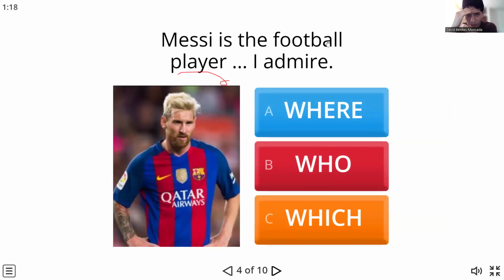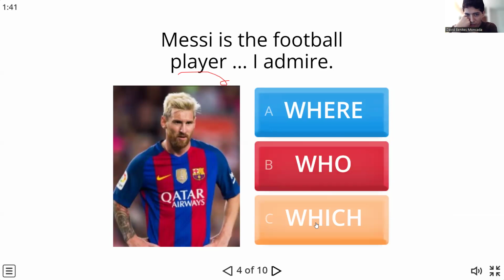Messi is the football player who, or which, I admire? Which. Which, but Messi is a person. Que admiro, que admiré. Yeah, a quien admiro o que admiro. But Messi is a person, so you say who.